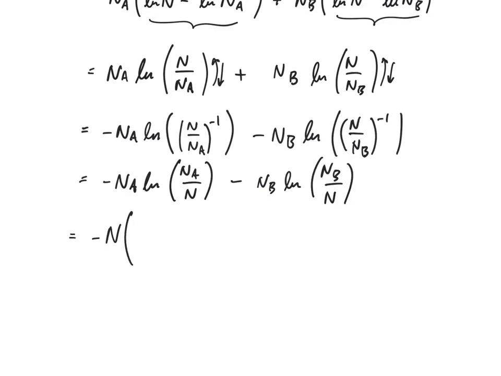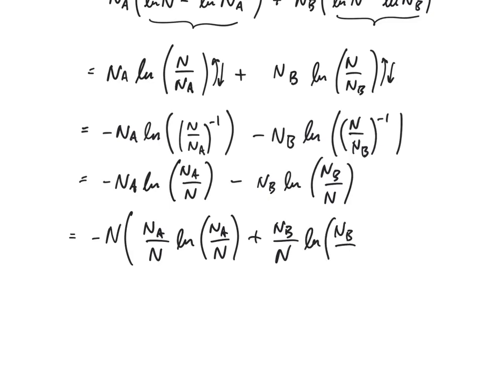Pulling a -n out of there, and I'm left with (NA over n) log (NA over n) plus (NB over n) log (NB over n). Again, if that doesn't make sense why that's true, then see if you can algebraically verify it. You would cross out these n's here, and you would get this expression up here, right at that spot.